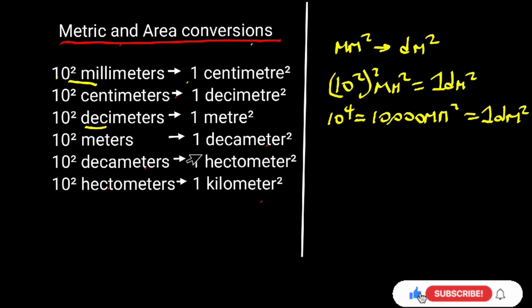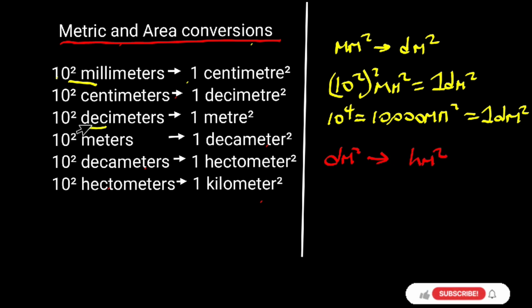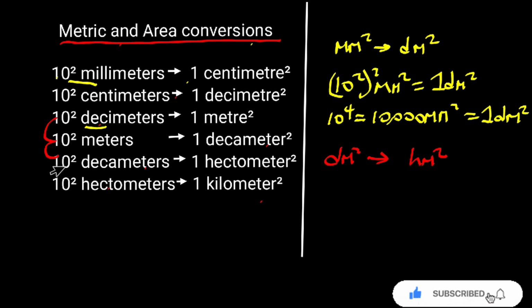Okay, so let's assume we want to convert from square decimeters to square hectometers. Starting from these 10 square decimeters, so let's count. We have 1, 2, then all the way to square hectometers.